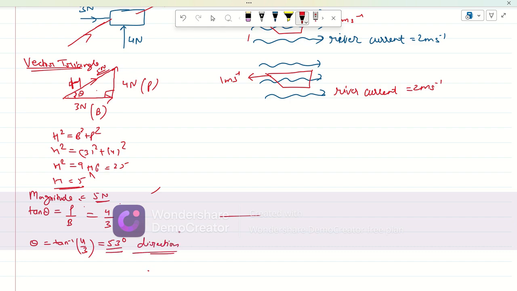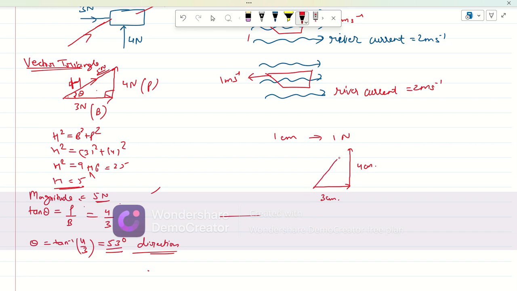Now in this question we have used a calculation method. You can do this using a scale diagram also. Scale diagram means you will choose a scale. Let's say you choose 1 centimeter to represent 1 Newton. So to represent 3 Newton force, you will draw a line of 3 centimeter. To draw the 4 Newton force, you will draw a line of 4 centimeter.